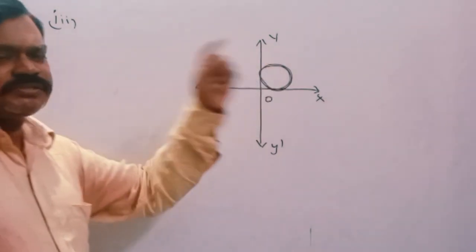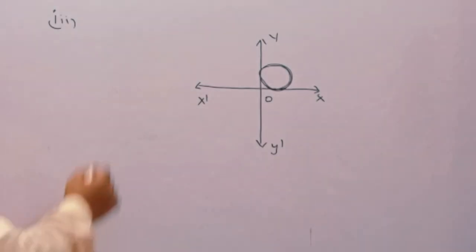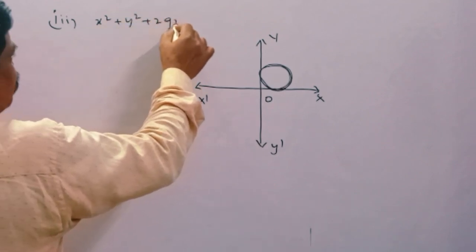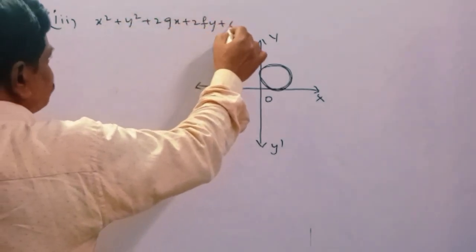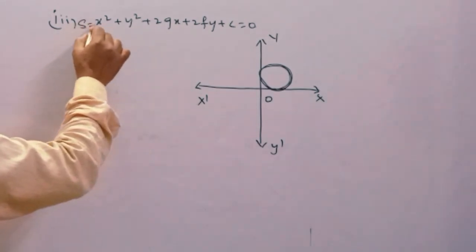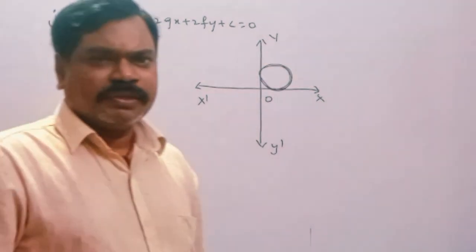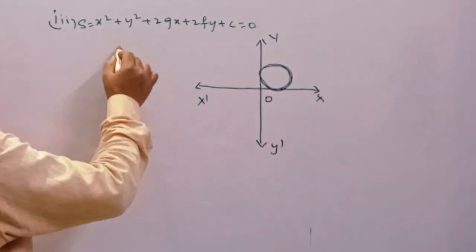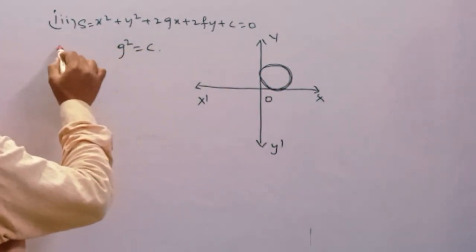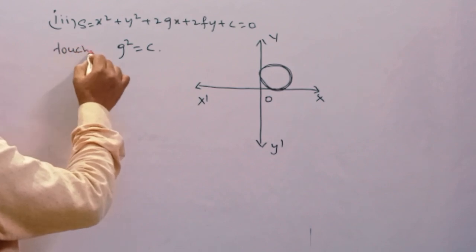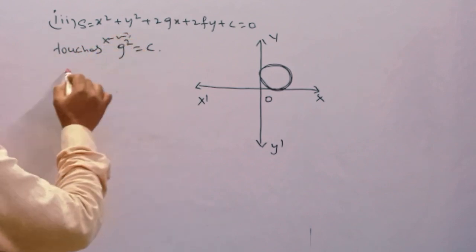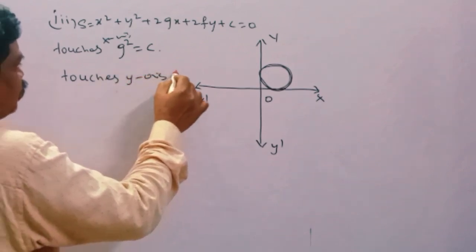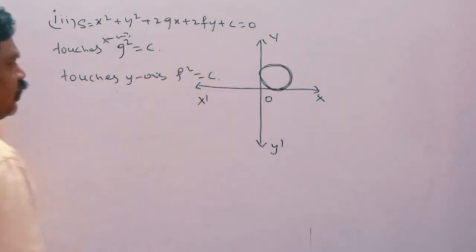The circle touches two coordinate axes, that is, x square plus y square plus 2gx plus 2fy plus c equal to 0 is the general equation of the circle. If the circle touches the x-axis, then g square is equal to c. Touches the y-axis, then f square is equal to c.